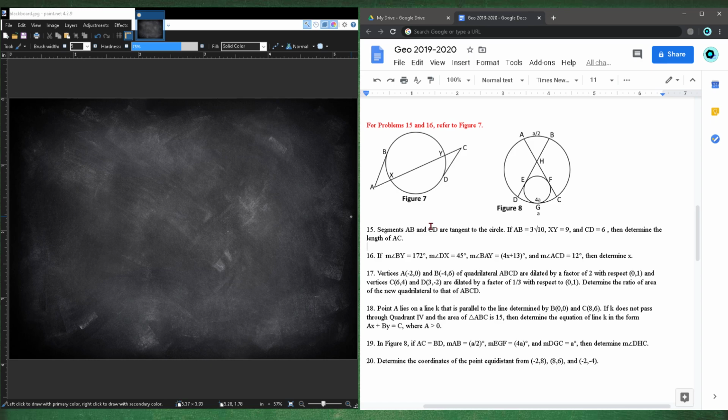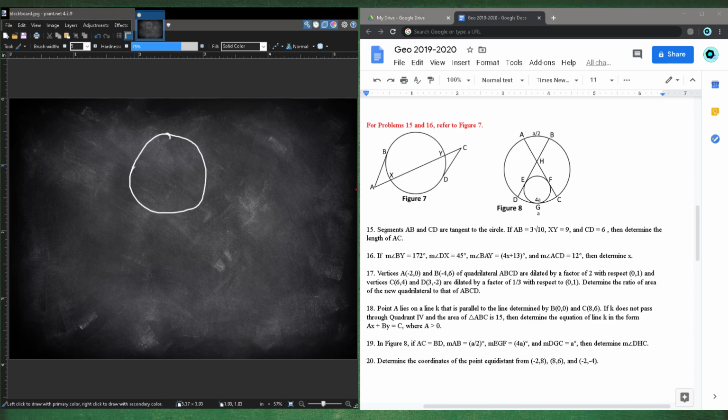Number 15. Segments AB and CD are tangent to the circle. If AB is 3 square root 10 and XY is 9 and CD is equal to 6, determine the length of AC. Okay, so we're going to use the tangent-secant relationship again, so let's just worry about one part at a time. So this part only, right? This is 3 square root 10, and let's call this part x, right?